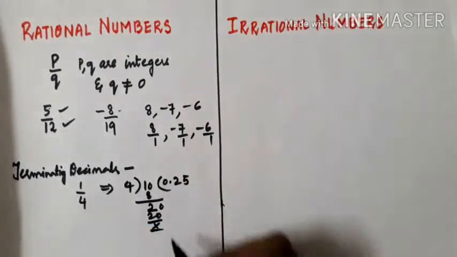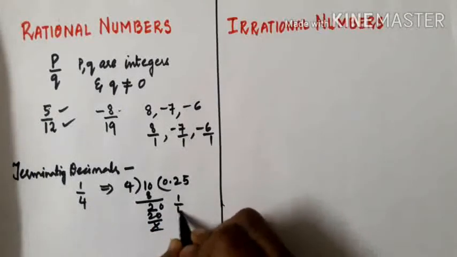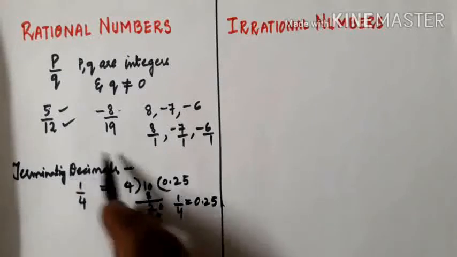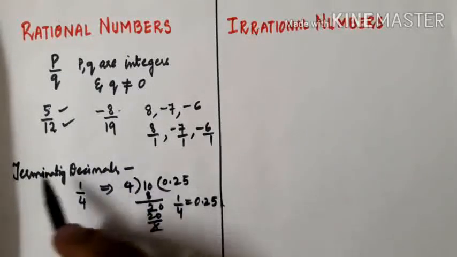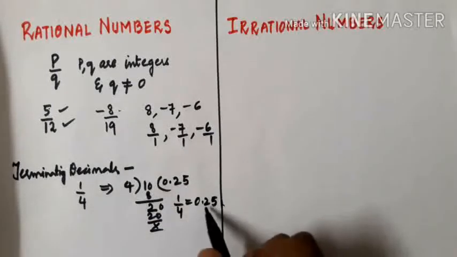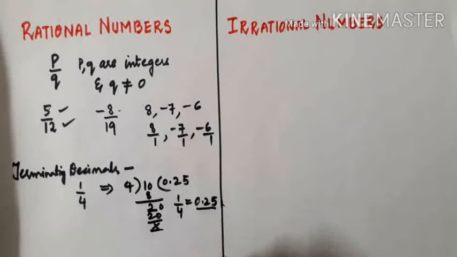So after a few steps you are getting 1 by 4 as 0.25. This kind of decimal, 0.25, we call a terminating decimal, because till 25 only we got the remainder as 0. In the same way you have got many examples.